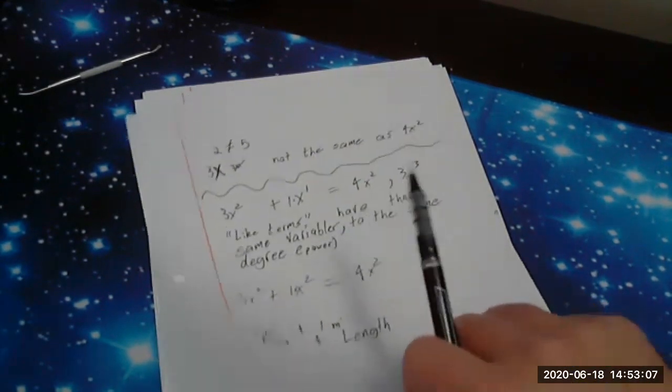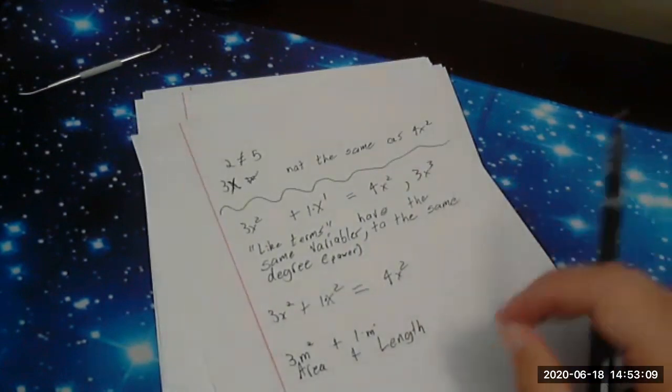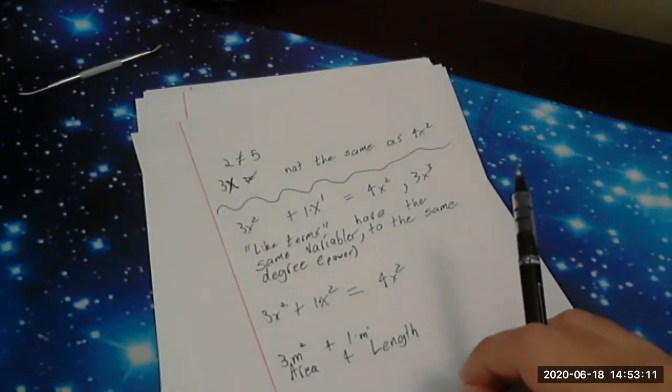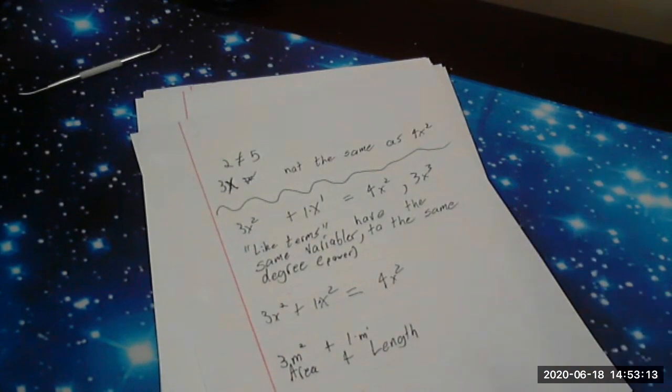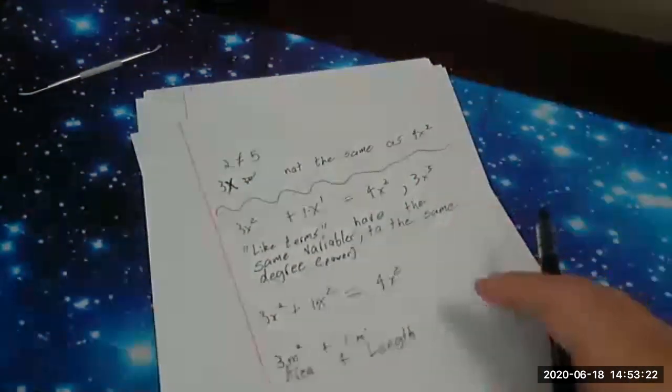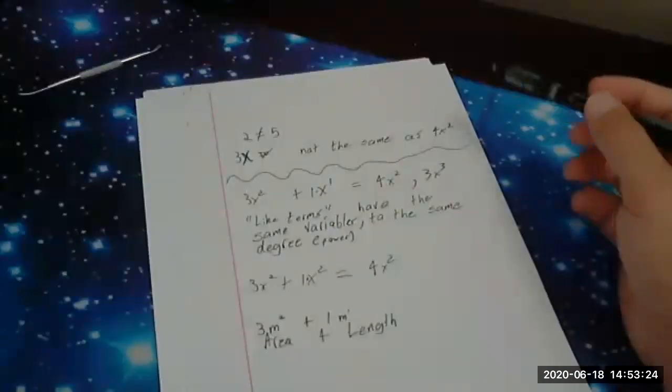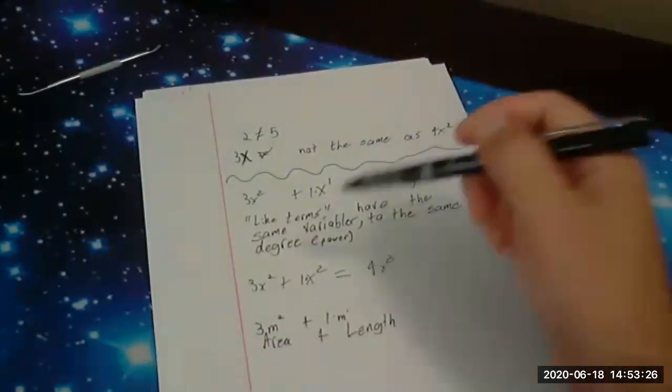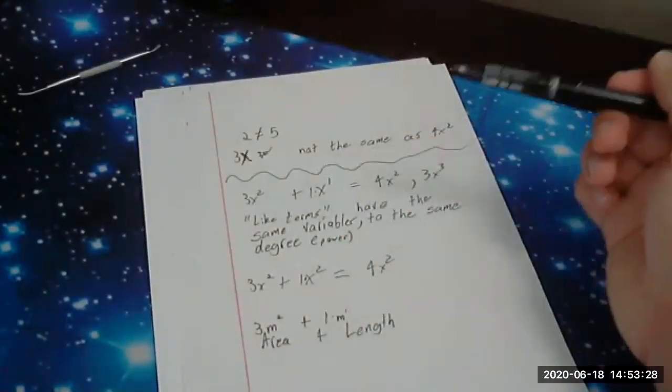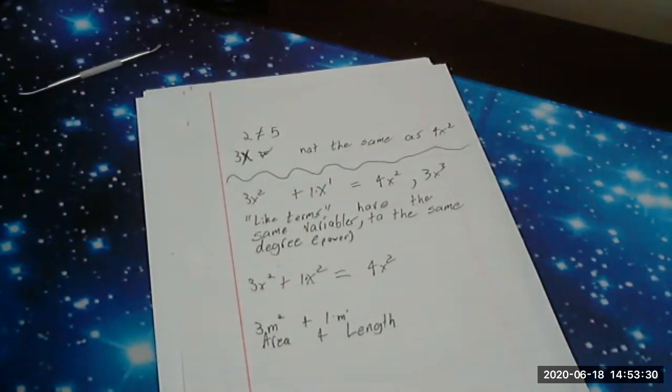So that's an important factor to start. But after you get past the initial discussion of, okay, are those variables the same with the same powers, then you just add the front, and it's what most everyone has done, combine like terms.